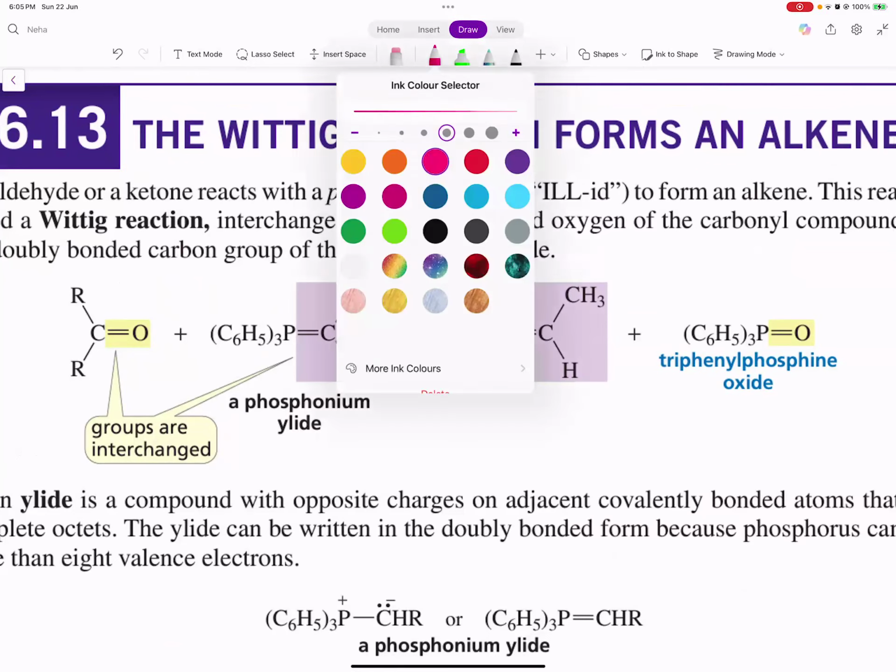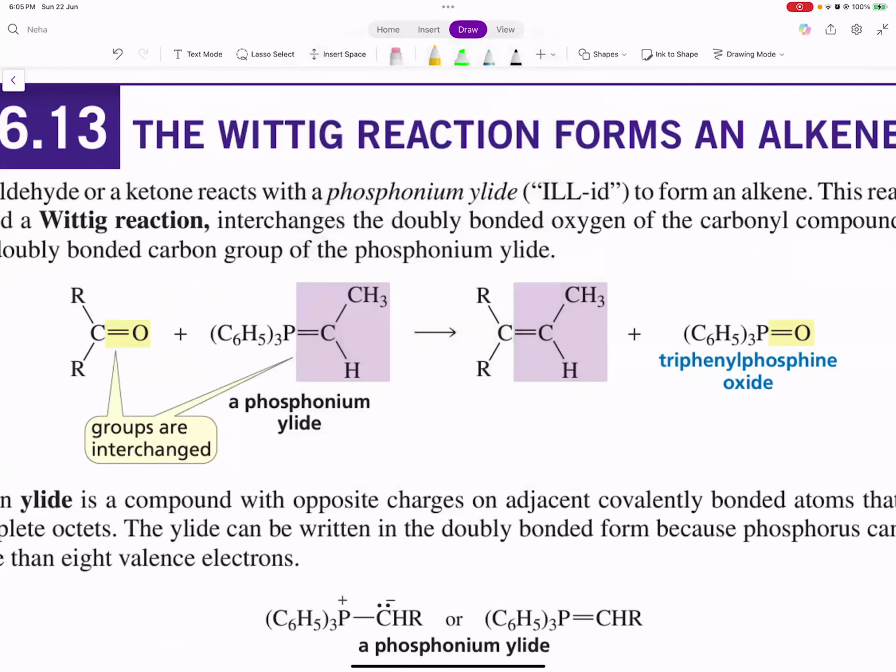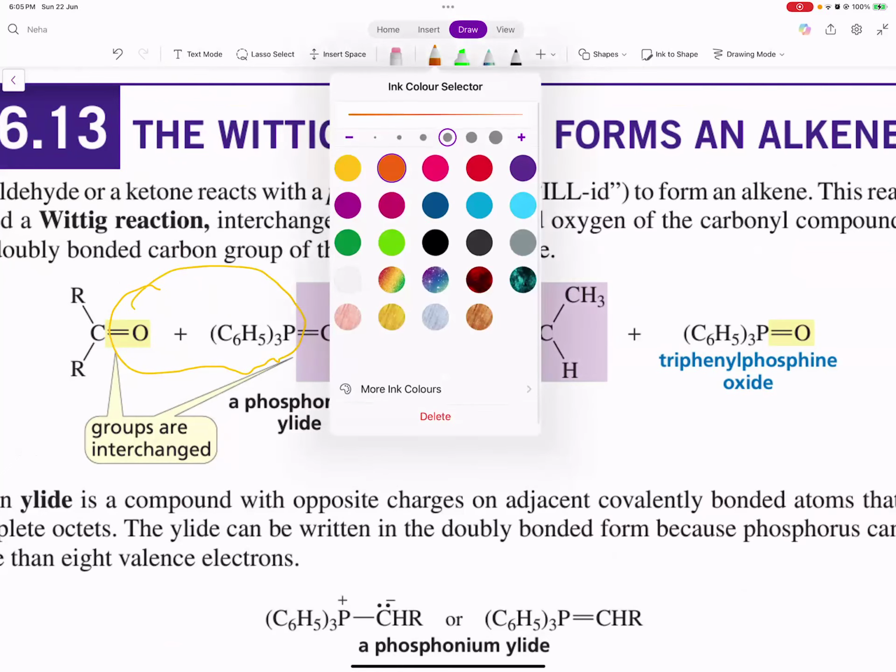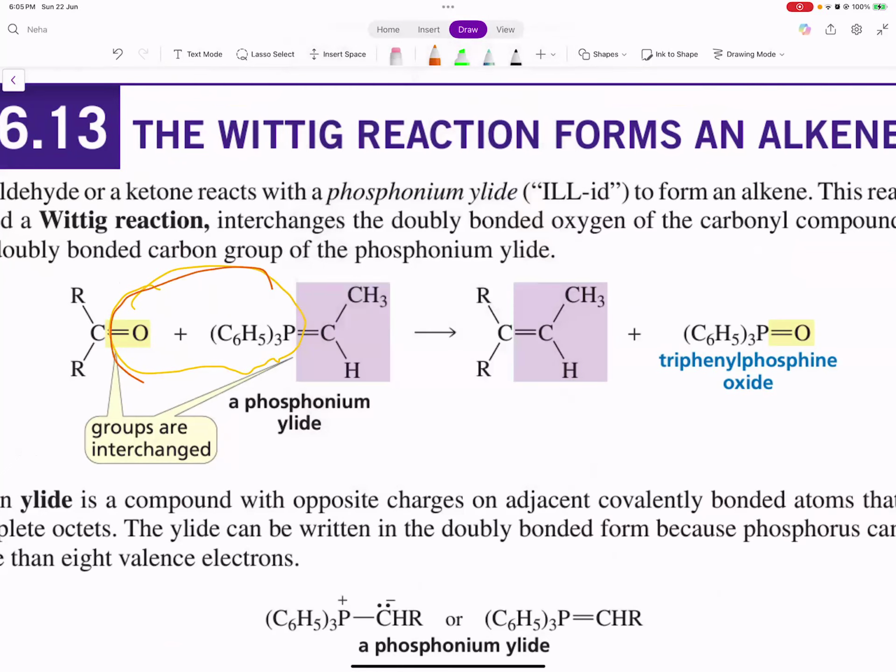Phosphorus has great affinity for oxygen, so it takes the oxygen out. See how nicely, what a great reaction. It's almost molecular stitching.